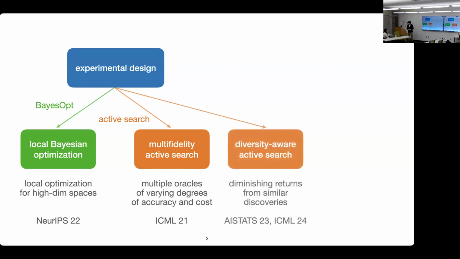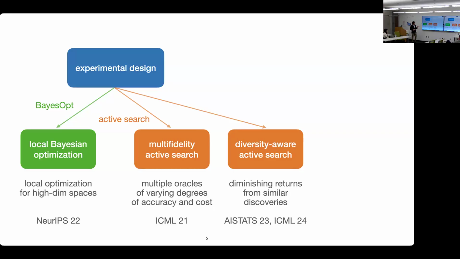There's another relevant setting where instead of just finding as many good data points as possible, we care about finding a diverse set of data points. This is very common in scientific discovery, where the domain scientists might not care about simply optimizing for some function of interest, but they care about diversifying their knowledge so as to improve their scientific understanding of a phenomenon.